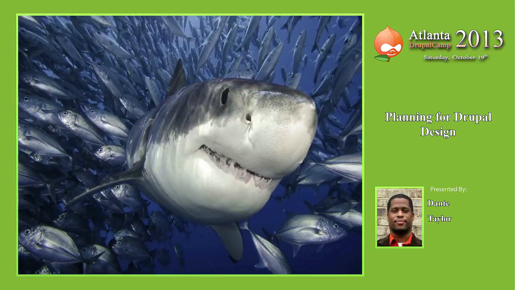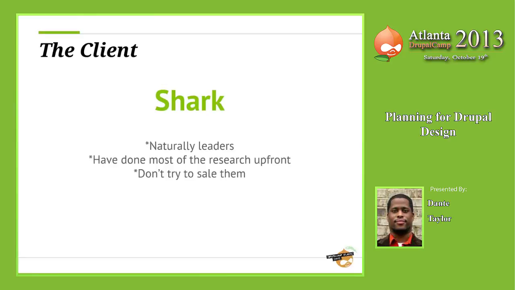And the last client type is sharks. Sharks are natural born predators. They have not had to do much to evolve over time. They have maintained their apex predator position for a long time, and their personality type is naturally leader.